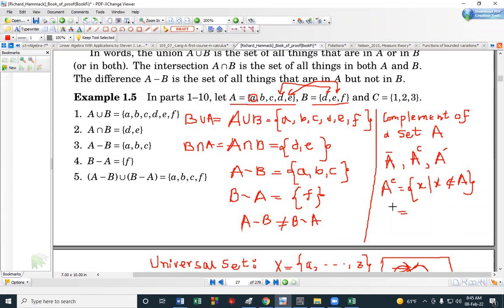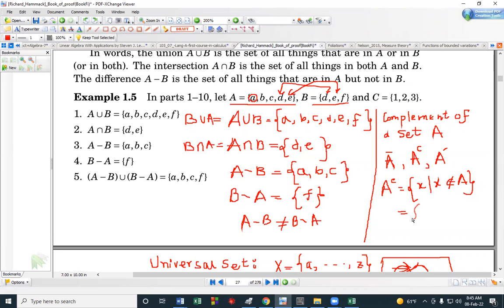Could somebody tell me from where this x will come from? We said A complement is the set of all those elements that are not in A. The universal set. Yes, from the universal set. That's the correct answer.